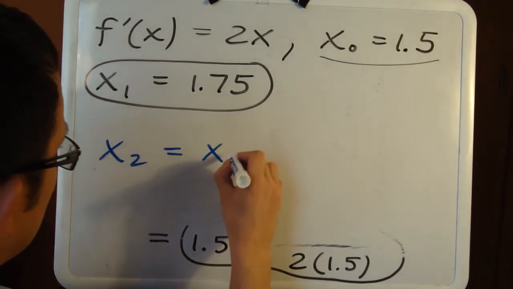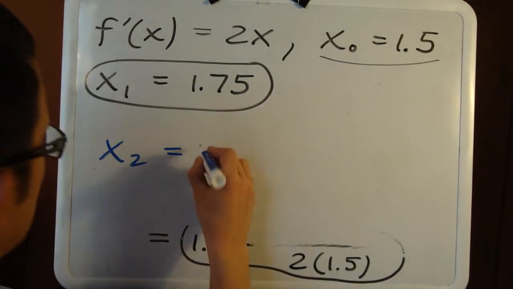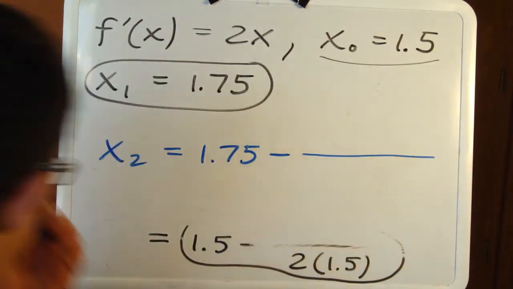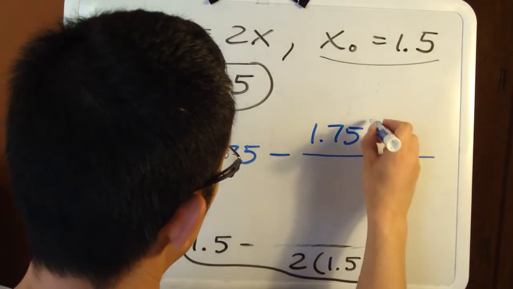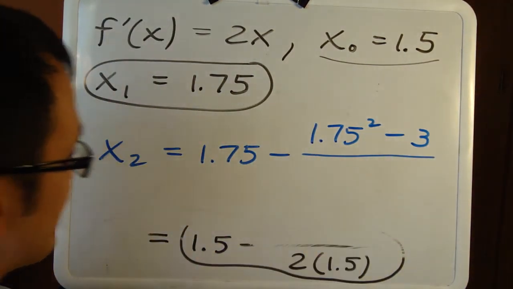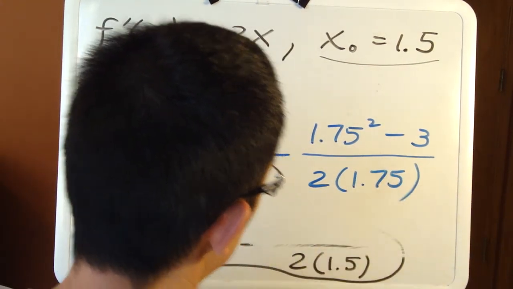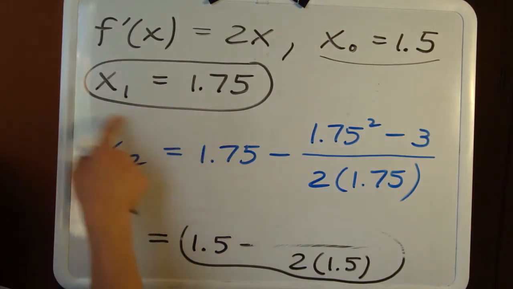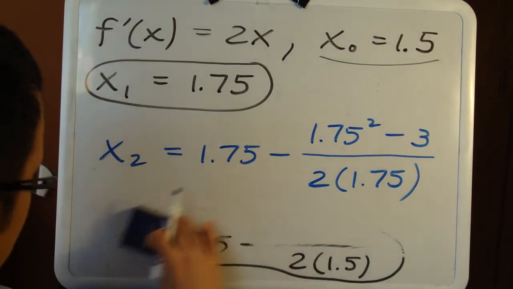So x sub 2 is 1.75 minus, and then you put this into the actual function itself: 1.75 squared minus 3, that's the x squared minus 3, and then the derivative on the bottom, 2 times 1.75. This formula will now update your x sub 1 into x sub 2, and this should become an even better approximation.